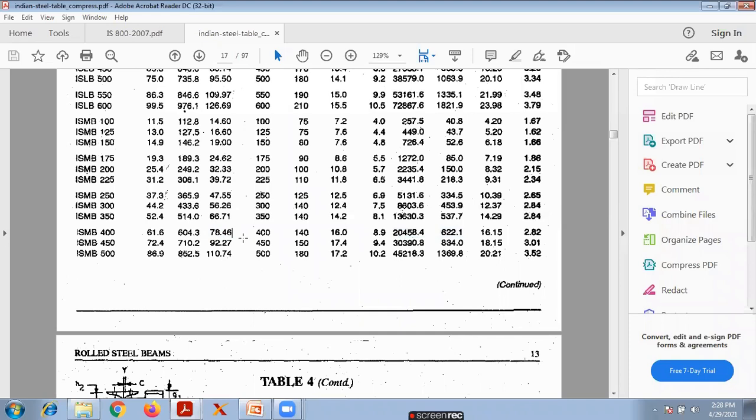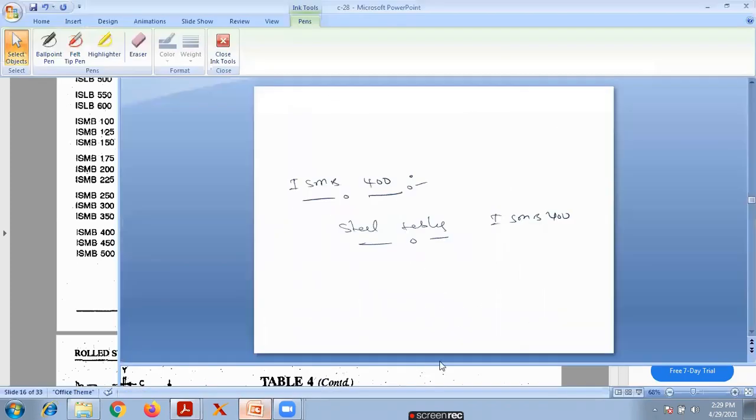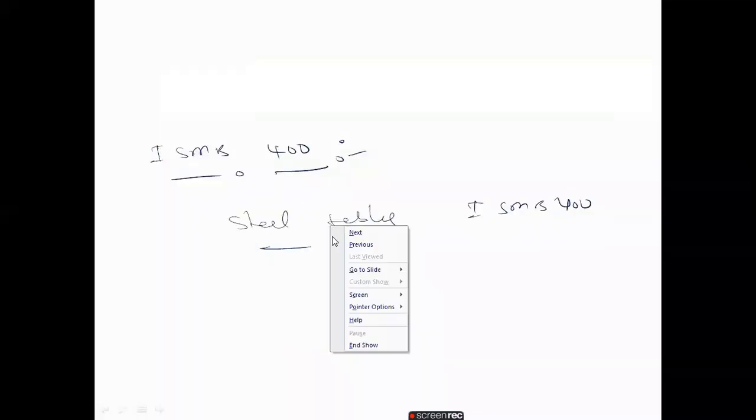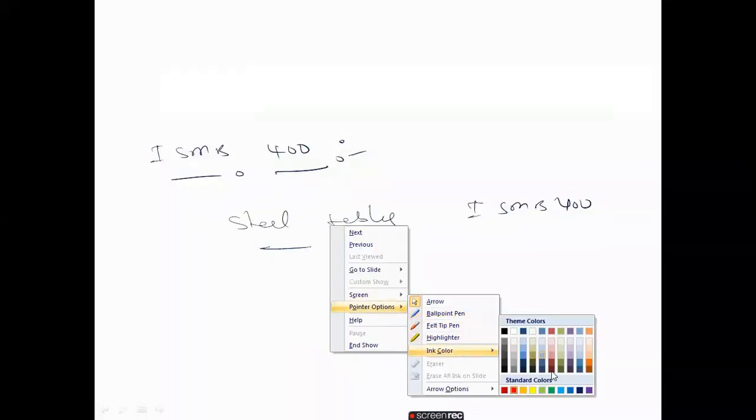So my dear students, in page number 12, the complete details of ISMB 400 is there. Please open that. Okay, now I will write all the details here. So like this only, we have to take the data. Yes, now I will write the data. ISMB 400 from steel tables.